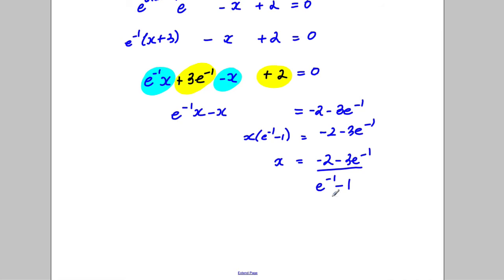Okay, and I could decimalize that. If I were to decimalize the following, what would I get?